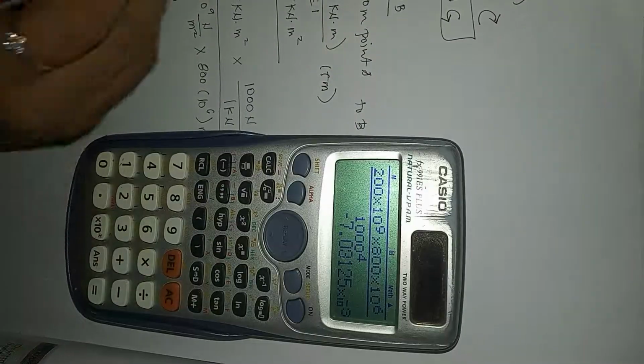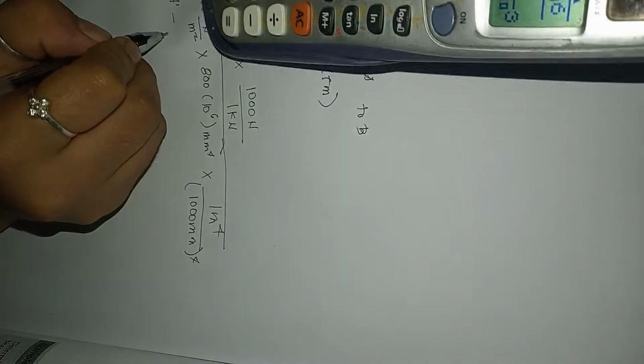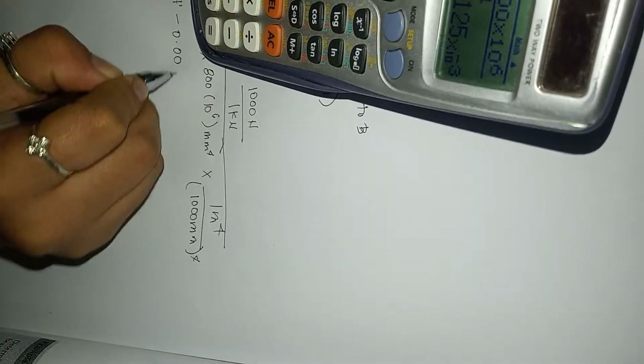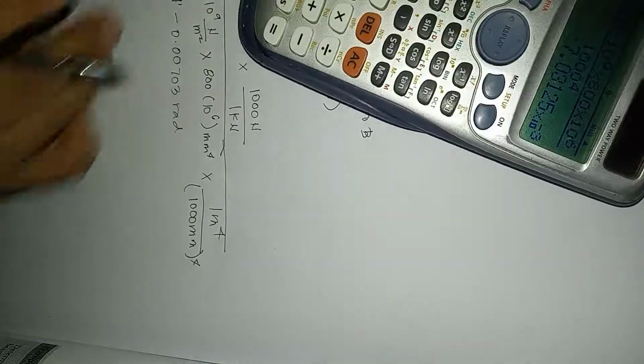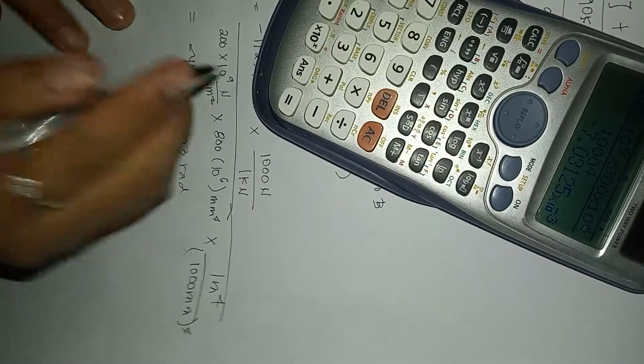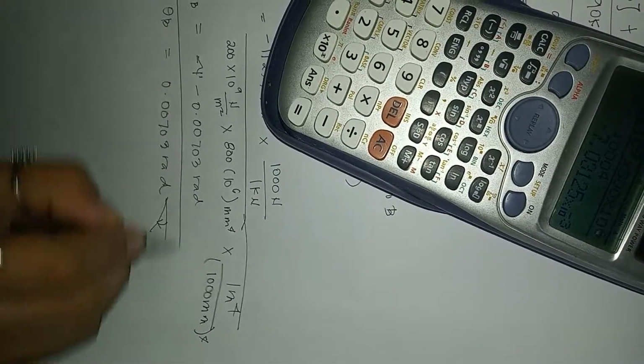So we have negative 0.00703 rad. So theta B, therefore, is equal to 0.00703 rad downward, because it's negative. That's our answer.